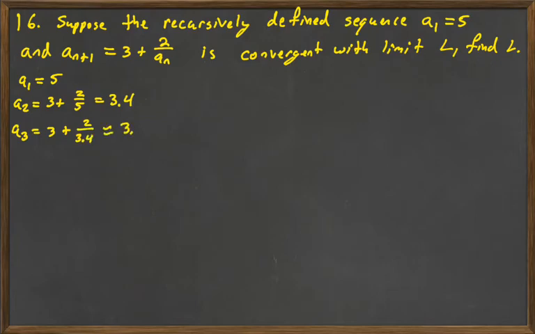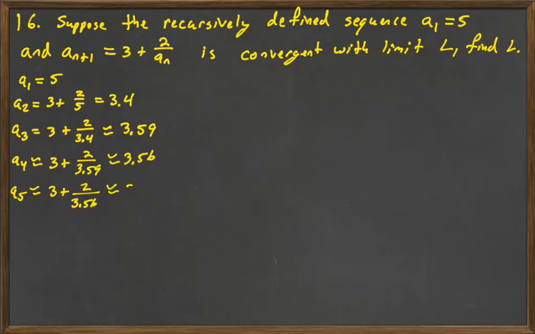That is approximately 3.59. a sub 4 is approximately 3 plus 2 divided by the previous term, which is approximately 3.56. a sub 5 is going to be 3 plus 2 divided by the previous term, which is approximately 3.56.